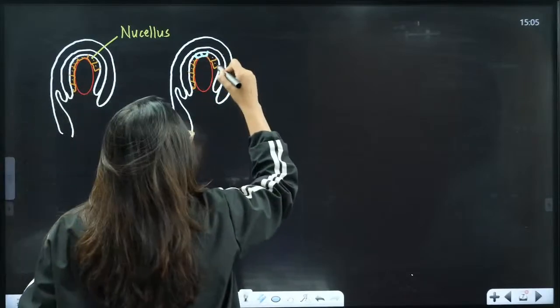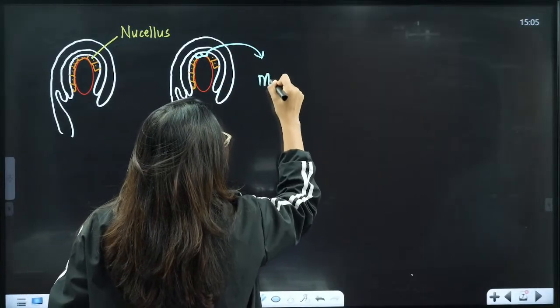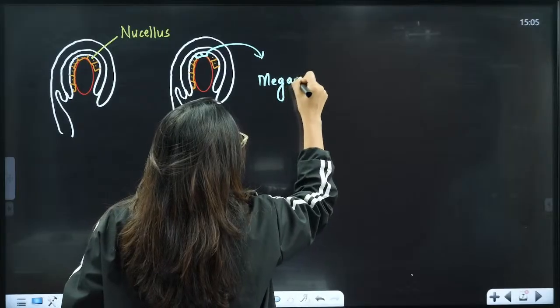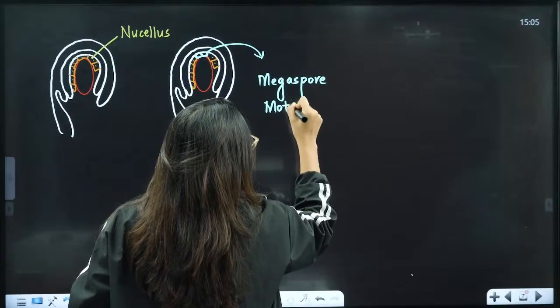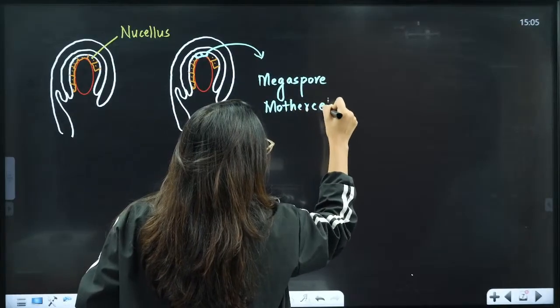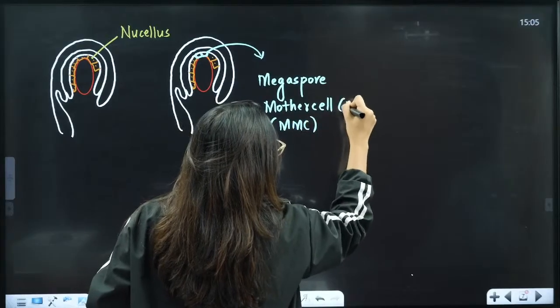So this one will end up forming the megaspore mother cell. What are we doing? Megasporogenesis, correct? So we are going to get our MMC, which is diploid.